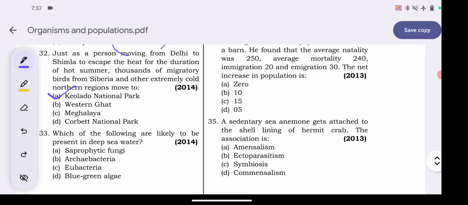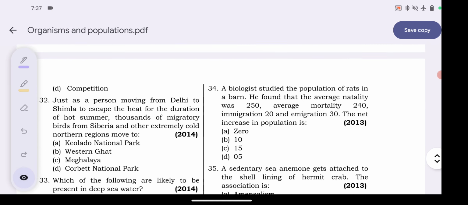Okay, Option A is the answer. Question 33. Which of the following are likely to be present in deep sea water? Saprophytic fungi, archaebacteria, eubacteria, blue-green algae. So here the answer will be option B, archaebacteria, because archaebacteria thrive in hot springs and deep sea hydrothermal vents. So B option is the correct answer.